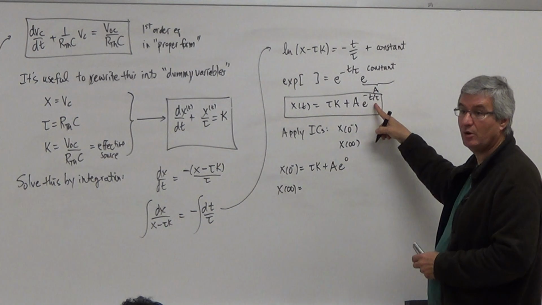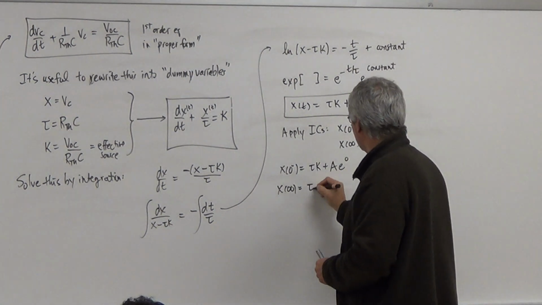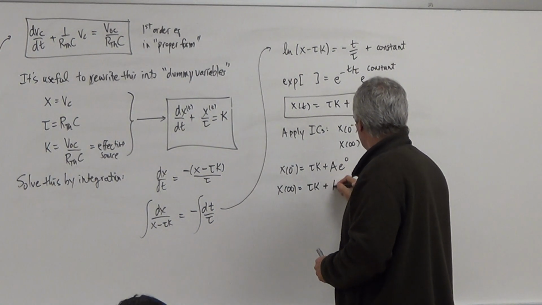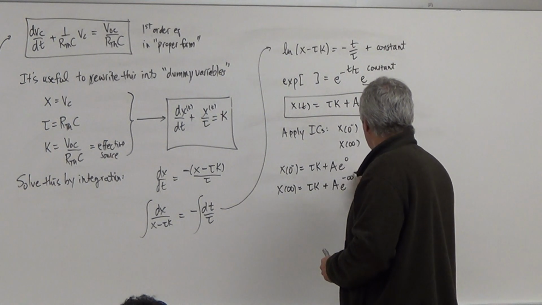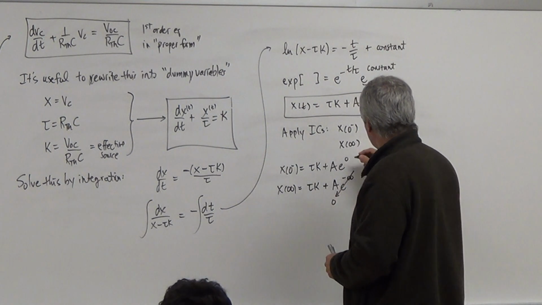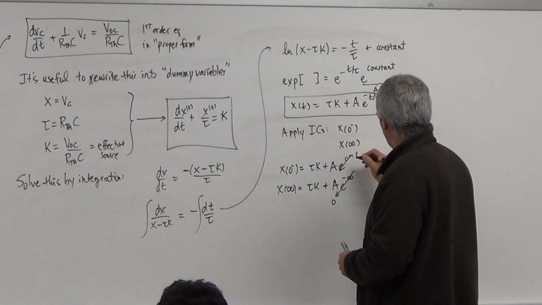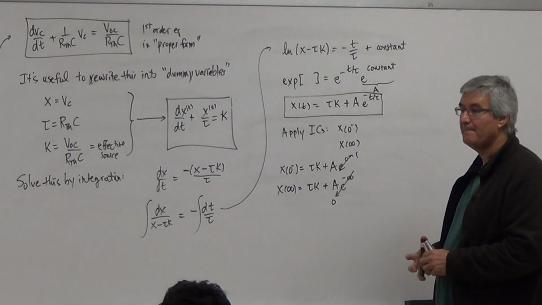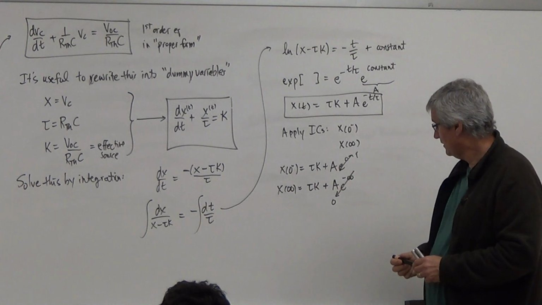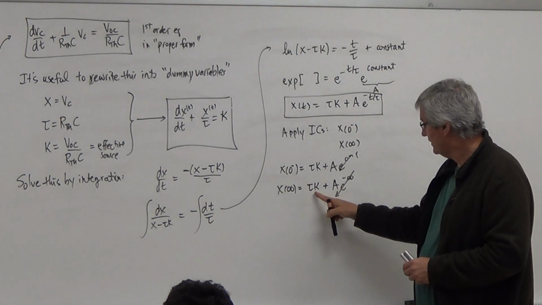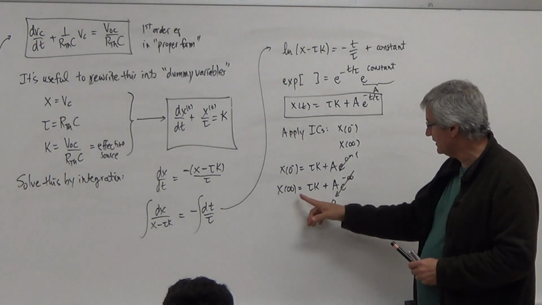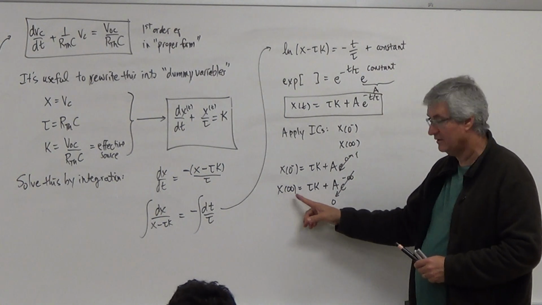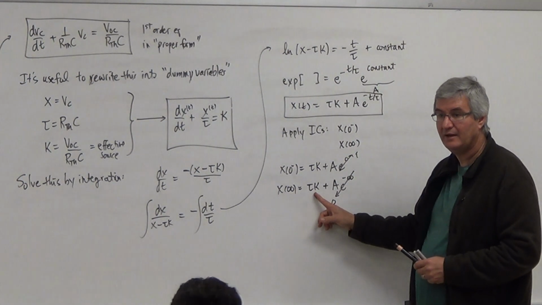That goes to 0, so then I'm going to get a term that's tau k plus a e to the minus infinity, which is of course 0 here, and this guy gives me 1. So what you're seeing here is that I could rewrite my values here. At x infinity, that guy has to be tau k.